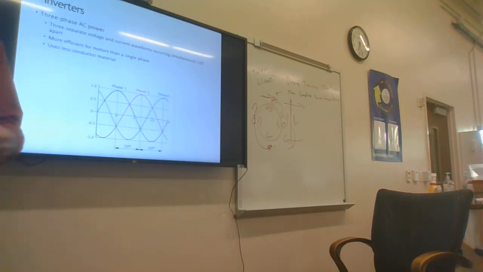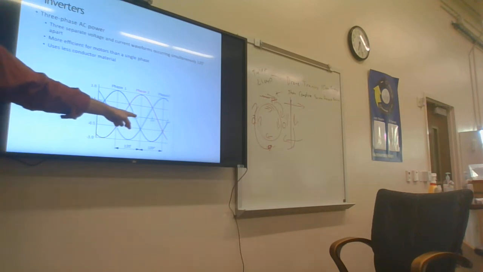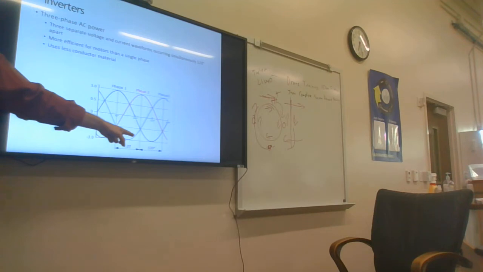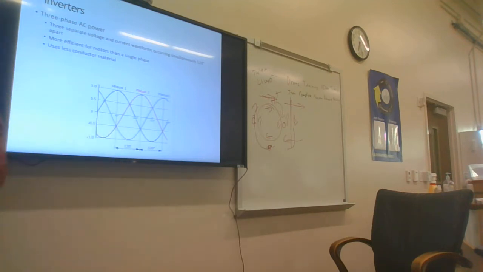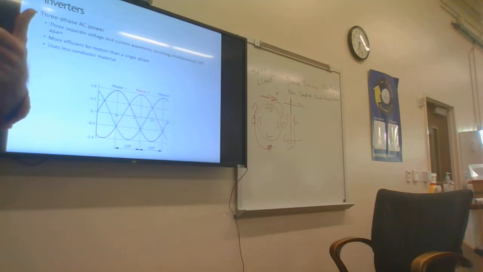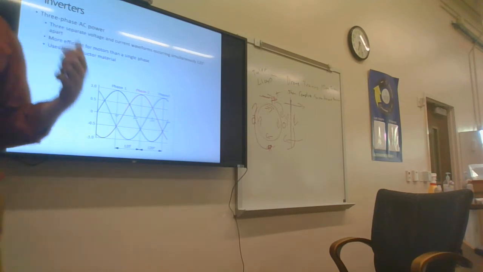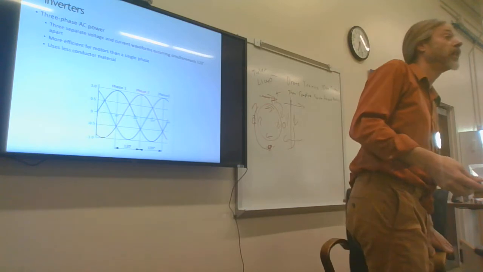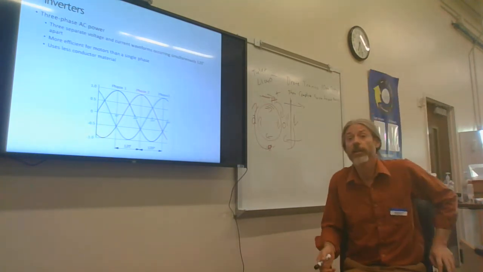Wait a minute, if I have 3 phases, at this point where this one is doing nothing, both of these other 2 are doing something. So there is never a point that I don't have an even power production occurring on a 3-phase system. Does this make a little bit more sense about how a 3-phase system is created and was created originally?